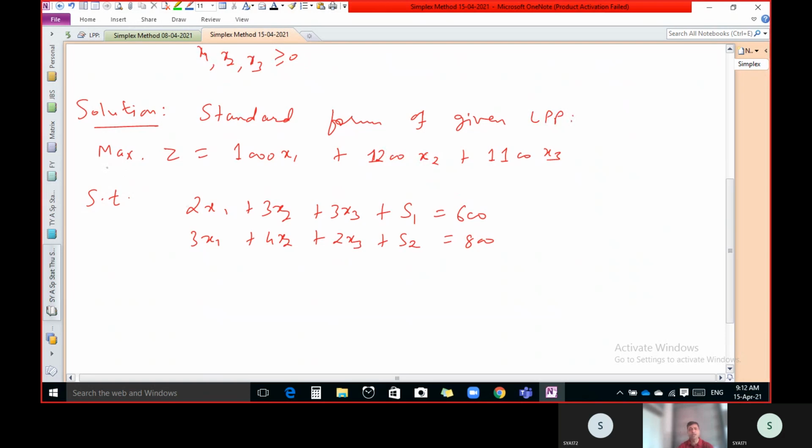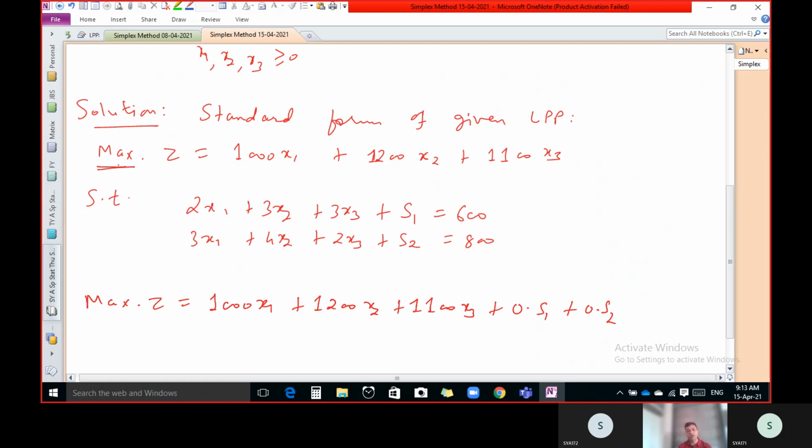And once again, after converting all these less than or equal to or greater than or equal to inequalities into equalities, we have to rewrite our objective function, maximize objective function. So our maximized objective function is right now 1000x1 plus 1200x2 plus 1100x3 plus you have to write both the slack variables with zero coefficient, 0S1 plus 0S2.